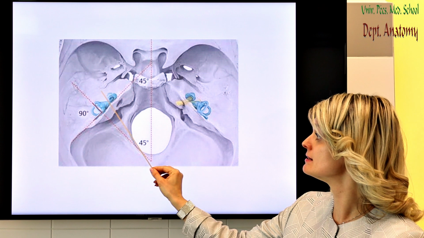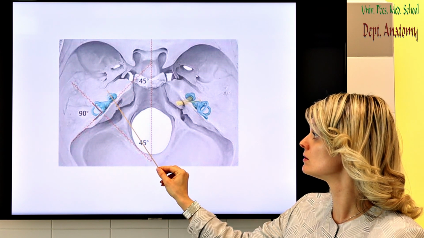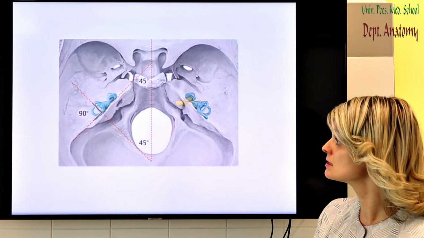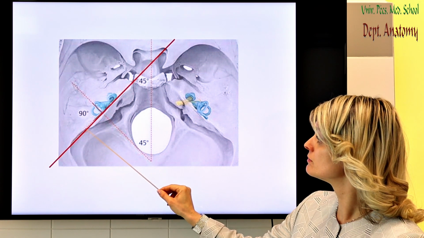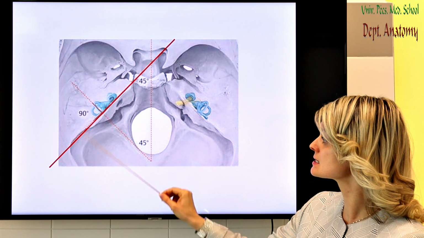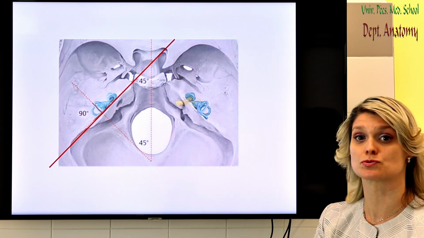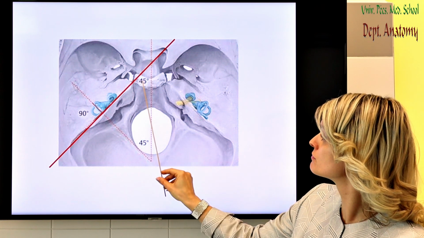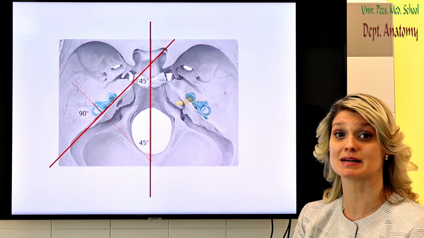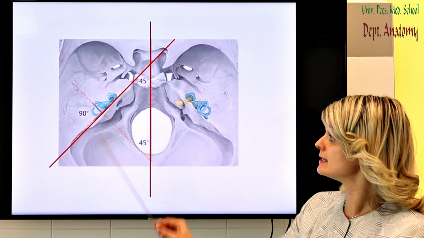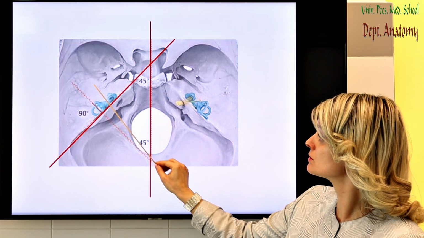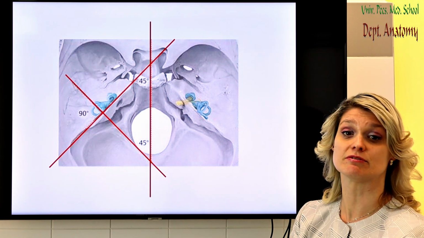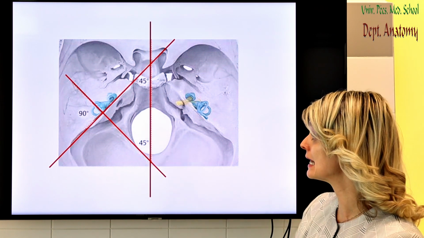Here we can see very well the cochlea and the semicircular ducts and canals. The posterior one will be parallel to the axis of the petrosal part, and you see the axis of the petrosal part will form 45 degrees with the mid-sagittal section, and the anterior semicircular canal will be perpendicular to the axis and 45 degrees with the mid-sagittal plane.